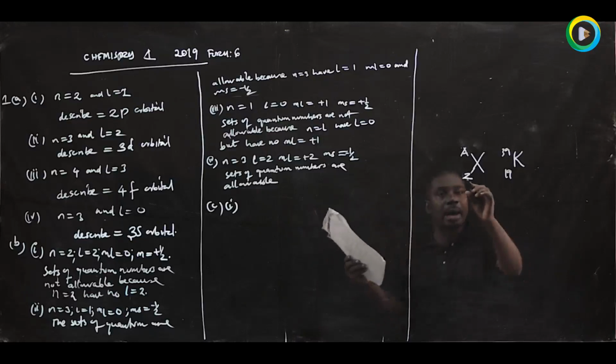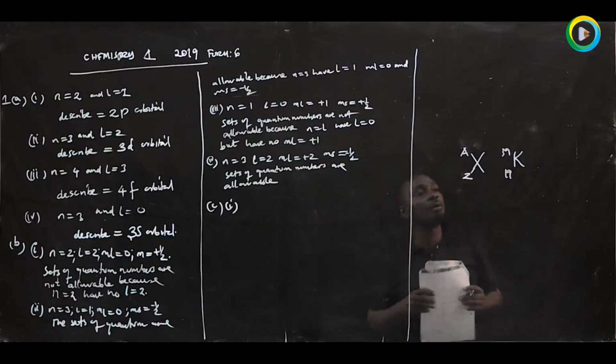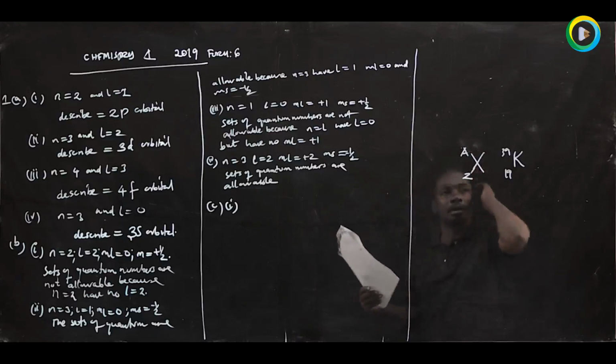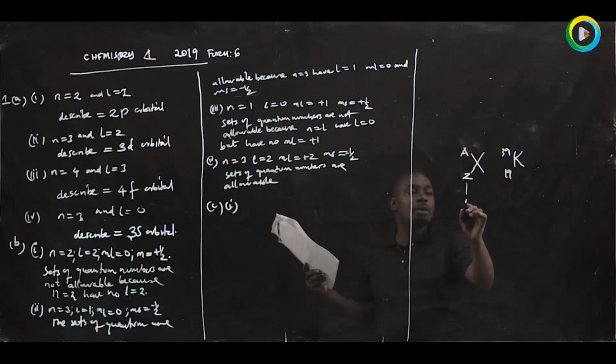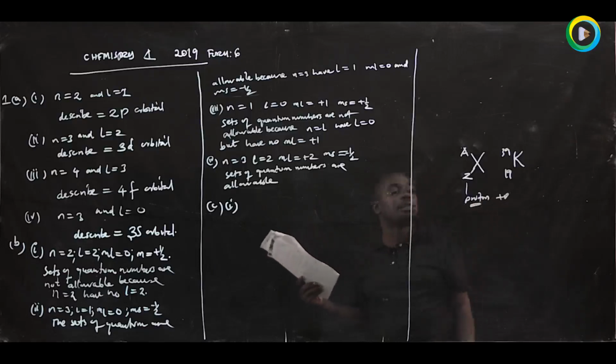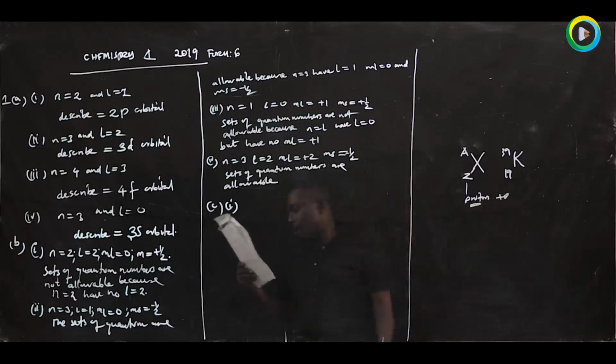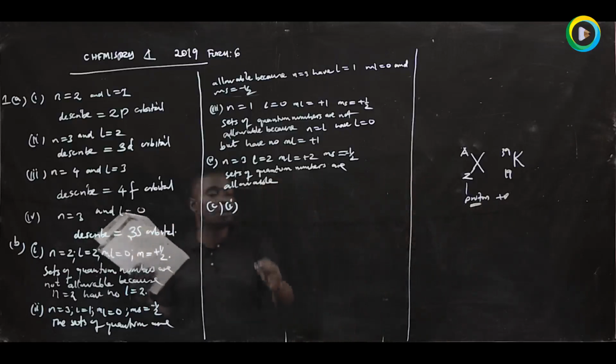So this is the atom's number on the periodic table, and this is the atom's weight. Atomic number is obtained by counting the number of protons, the positive particles in the nucleus. Atomic number is the number of protons in the nucleus of an atom.